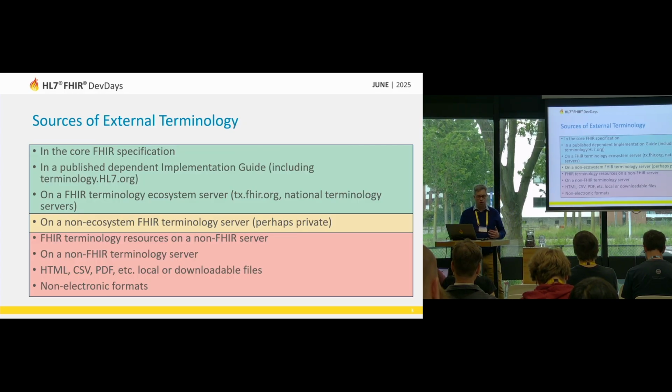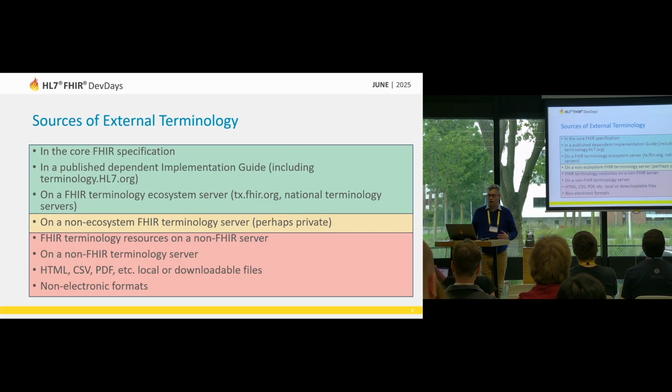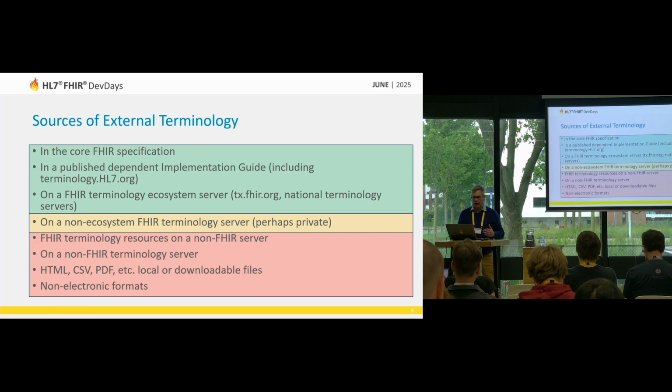Another seamless source of external terminology are FHIR code systems or value sets present in one of the terminology servers registered at tx.fhir.org. These servers, including tx.fhir.org itself, and various national servers, are consulted automatically as part of the IG build process.